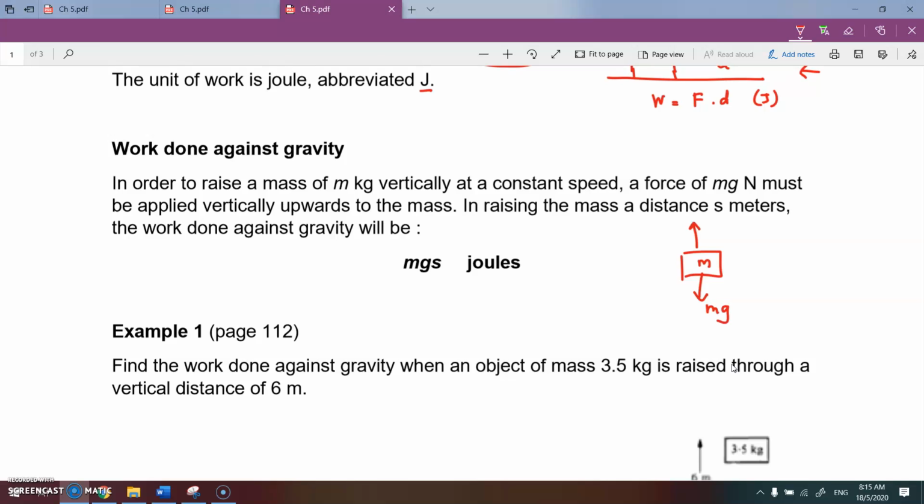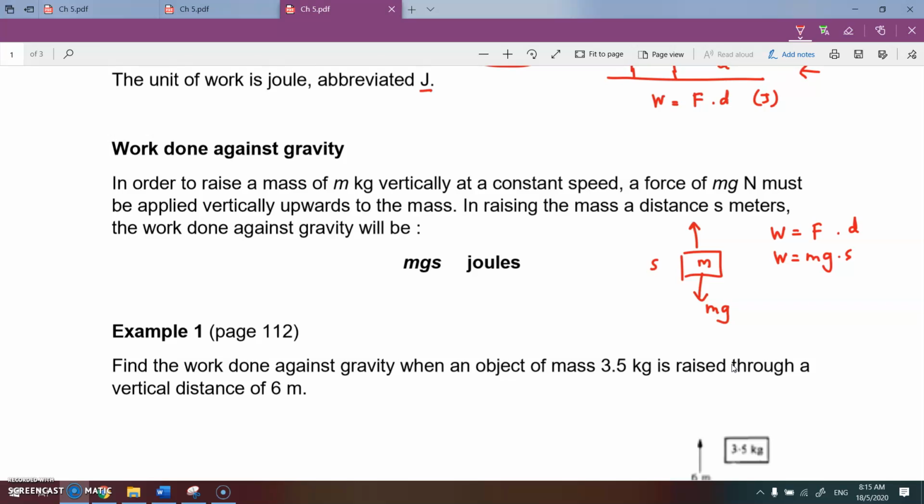The formula is still the same, force times distance. The force is mg, and the distance is s.